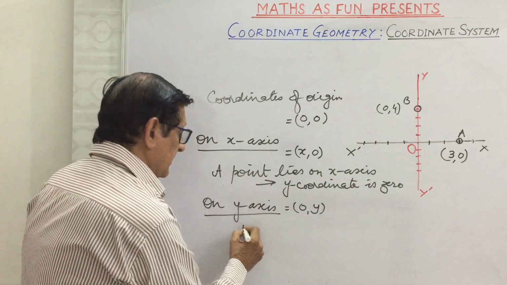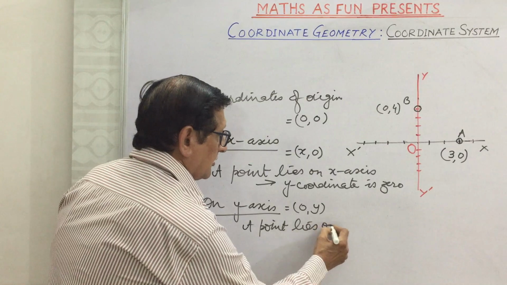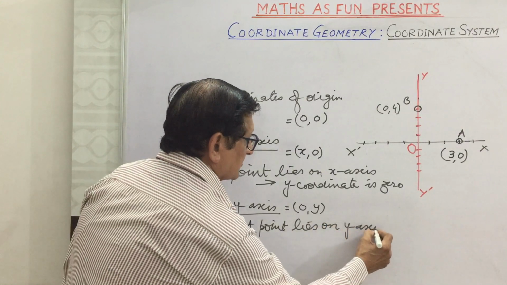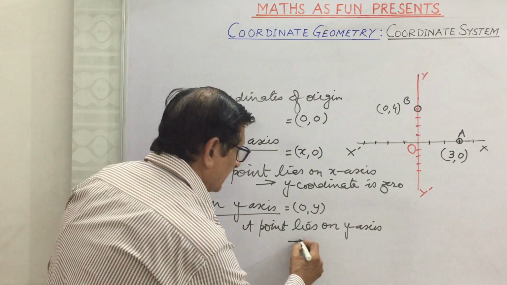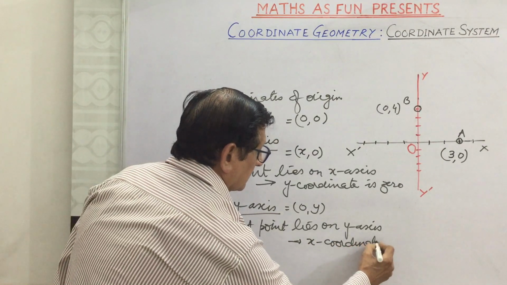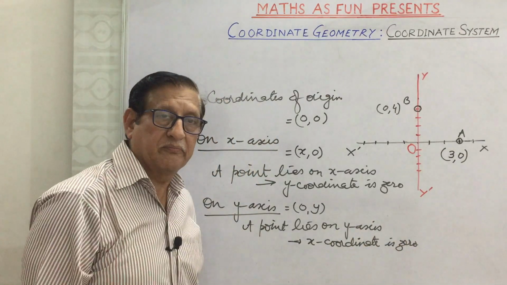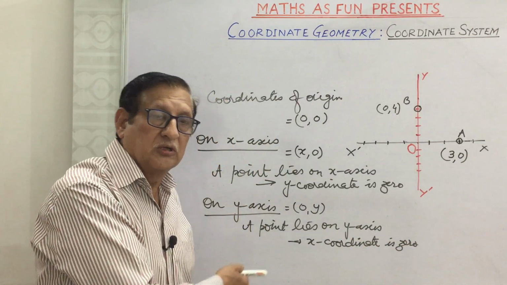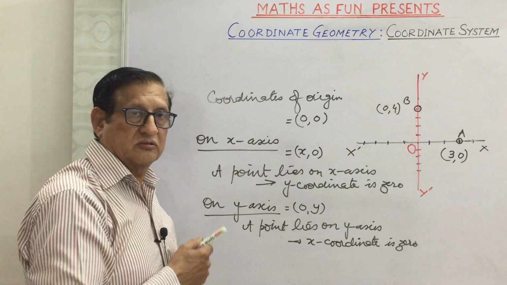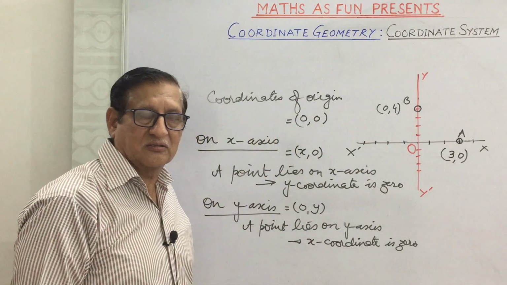It means we can say a point lies on y-axis implies that its x coordinate is 0. So please remember, if the x coordinate is 0, the point lies on y-axis. If y coordinate is 0, the point lies on the x-axis.